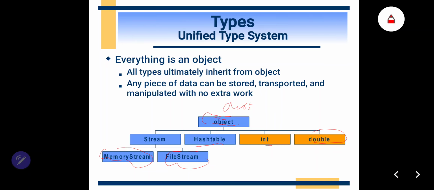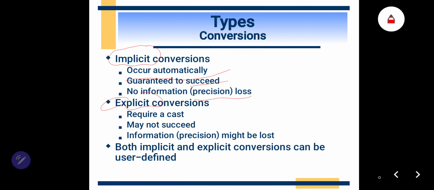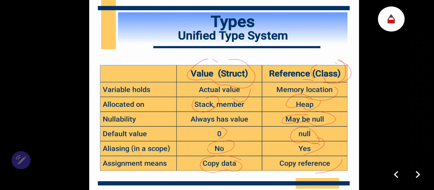I think that's enough for this overview of types, and next time we will continue with polymorphism and more. Today we just learned about type conversion, implicit and explicit. I hope you understand the difference between them and the difference between struct and class.